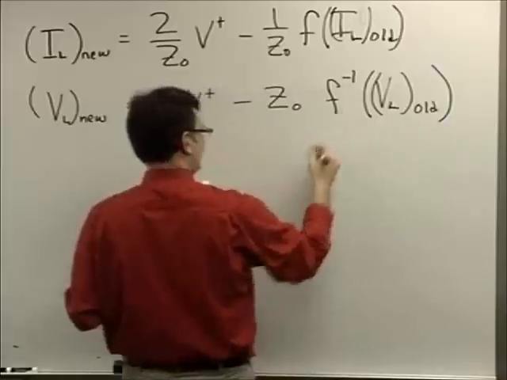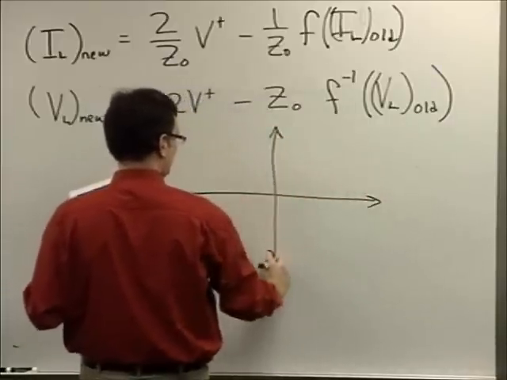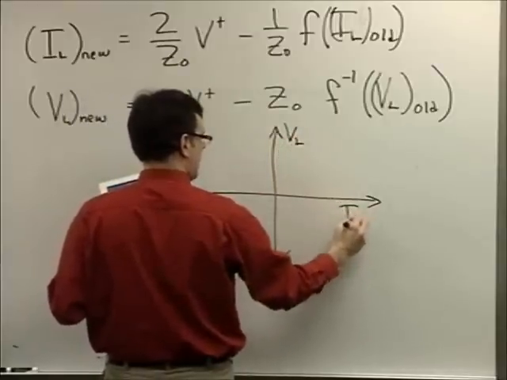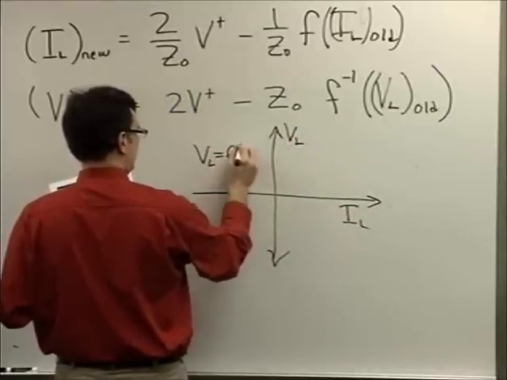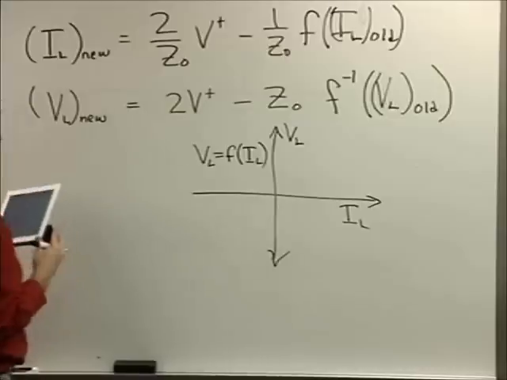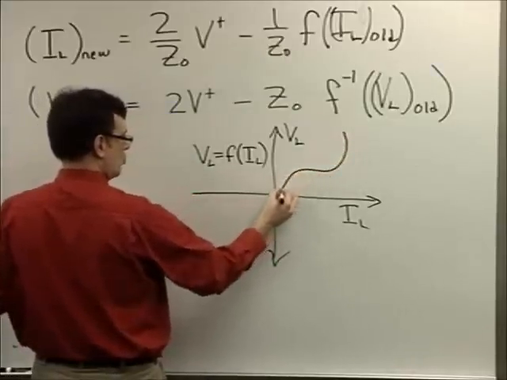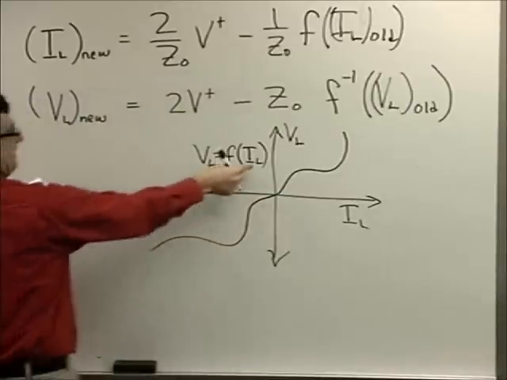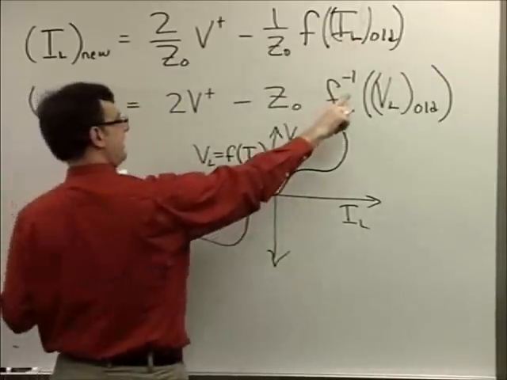And in this case, your functional dependence is the shape of your nonlinear device's VI curve. So if you graph V sub L and I sub L, in this case V sub L is equal to F of I sub L. And presumably you have some weird nonlinear relationship coming through here that you could stick directly into this expression or invert it and stick it into there.